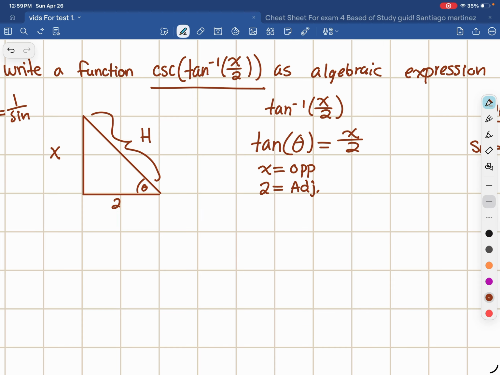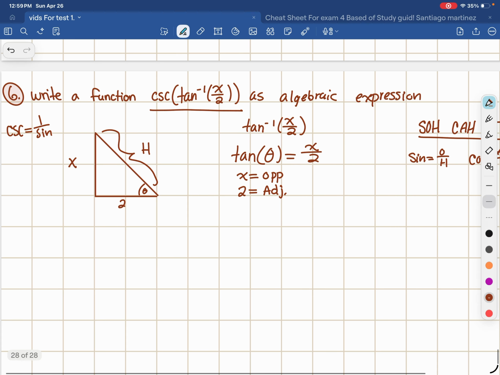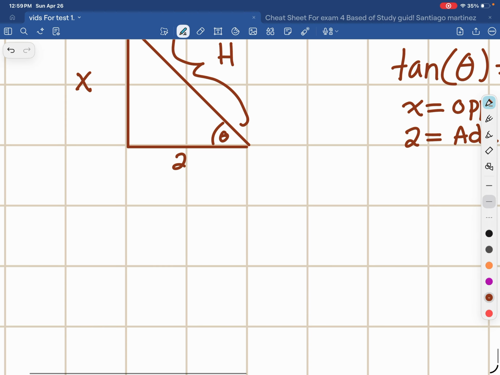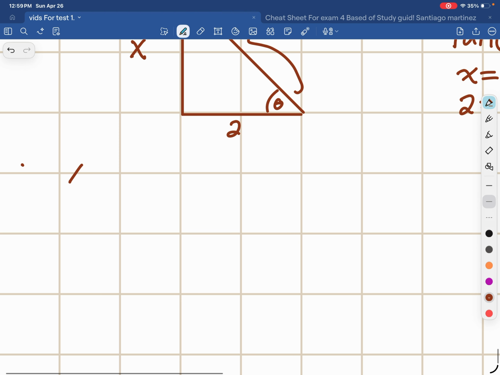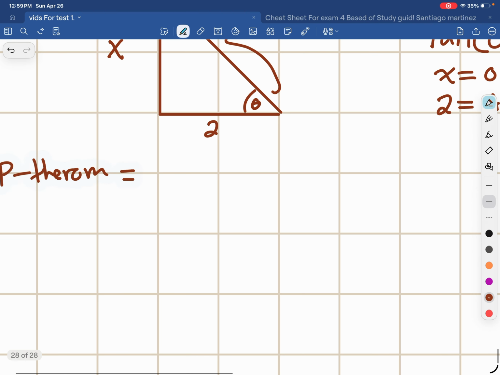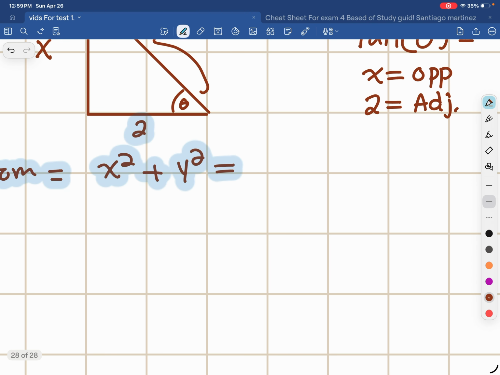Our next step is to use the Pythagorean theorem, which I like to call the P theorem: x squared plus y squared is equal to r squared.